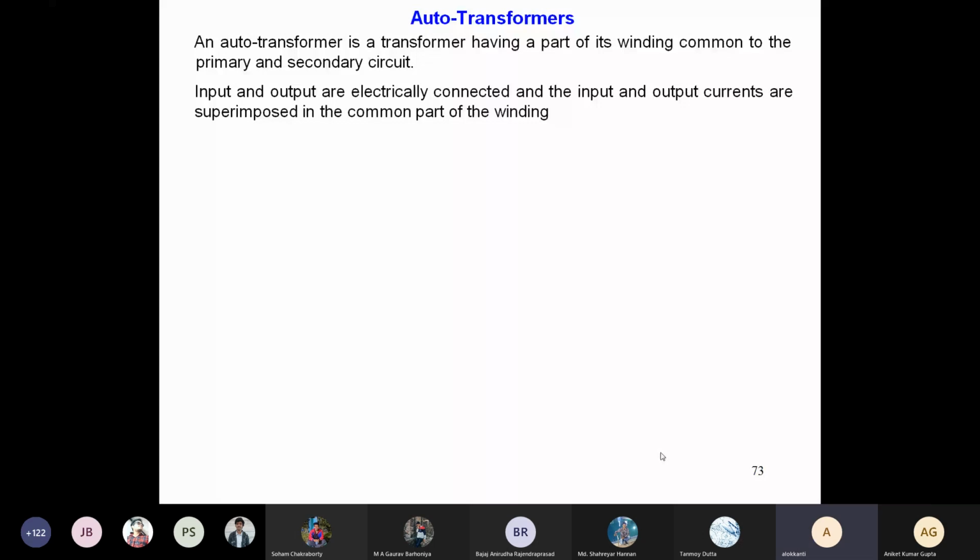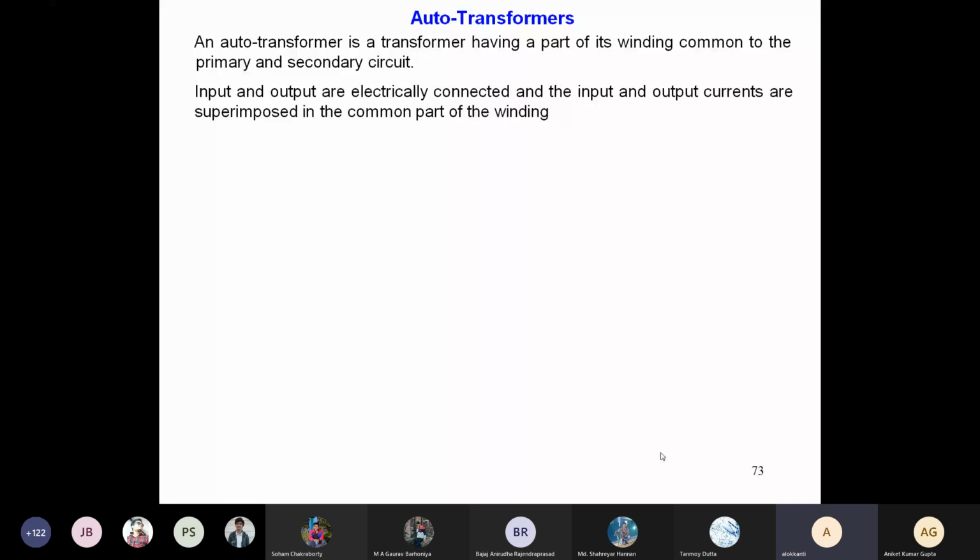They are magnetically coupled. Those types of transformers are called two-winding transformers because there are actually two windings. But this is a transformer where a single winding is basically, part of the winding is used as primary, part of the winding is used as secondary. So since a single winding exists there, both the windings have actually electrical connection.